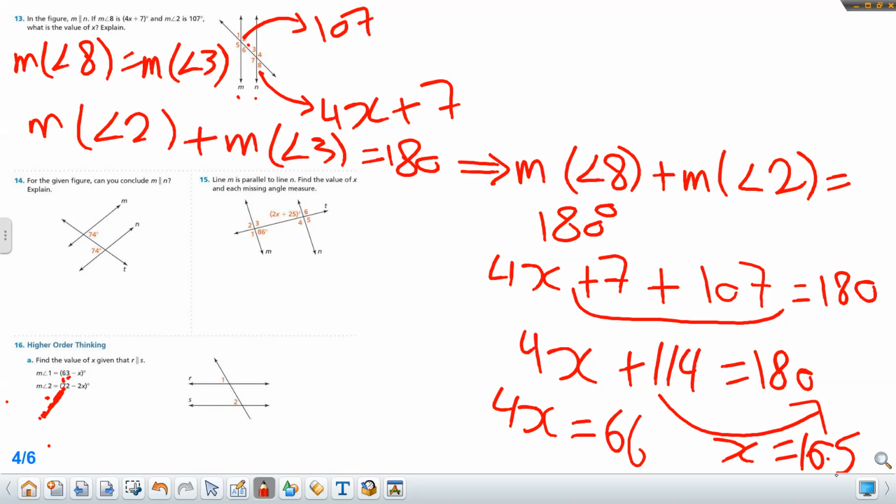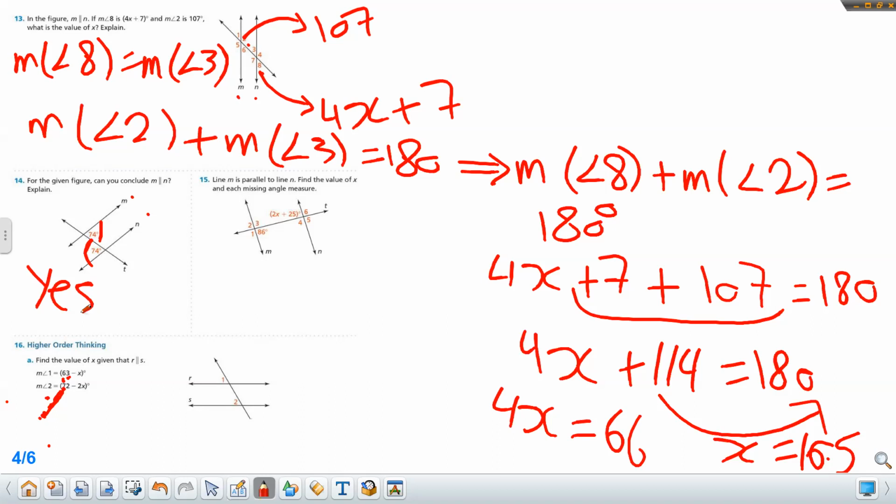They are equal, 74 and 74. What's the position of these angles? Alternate interior angles. So if you have two equal alternate interior angles, then the two lines are parallel. Then I can say yes, they are parallel.